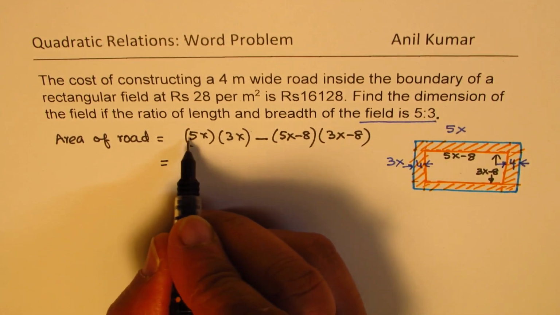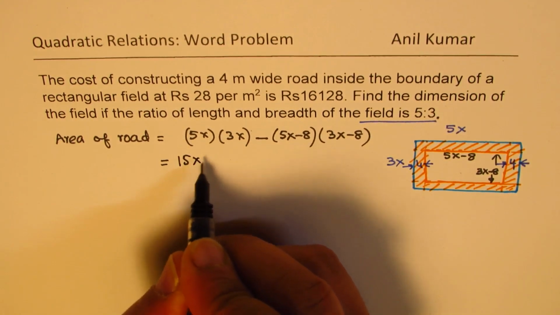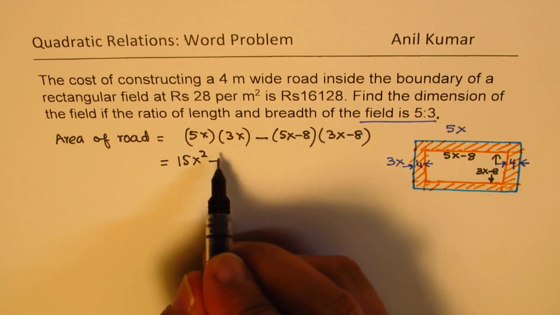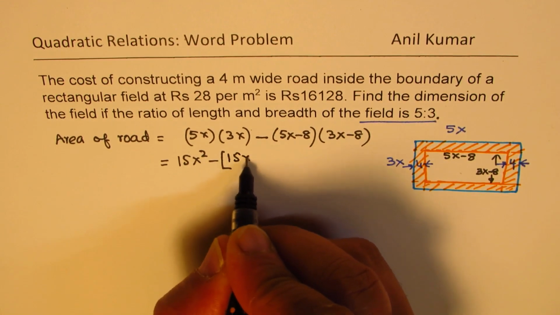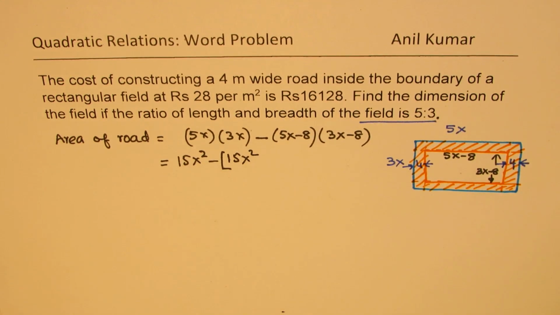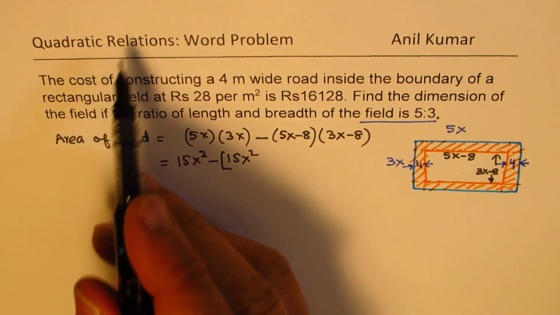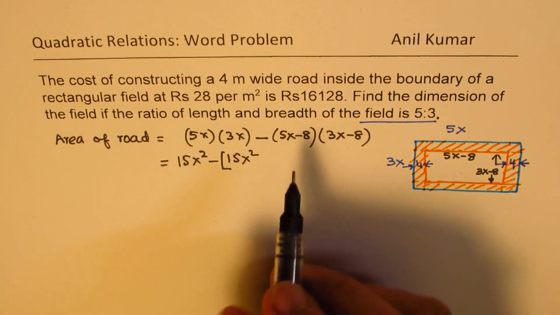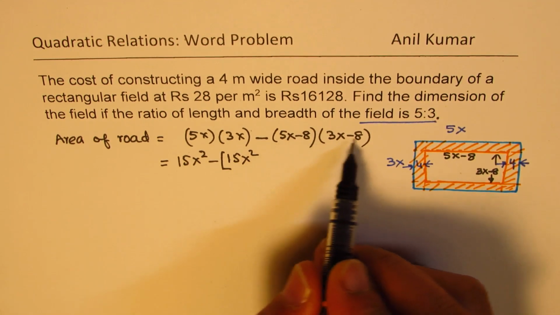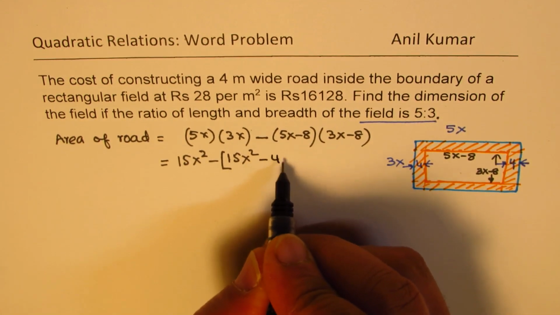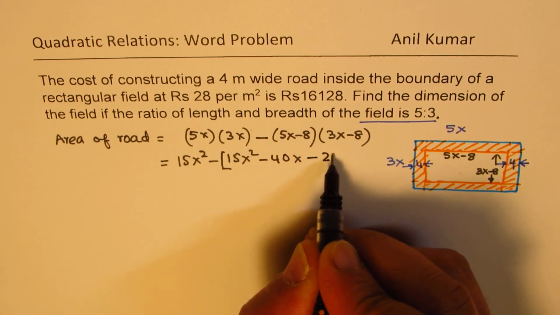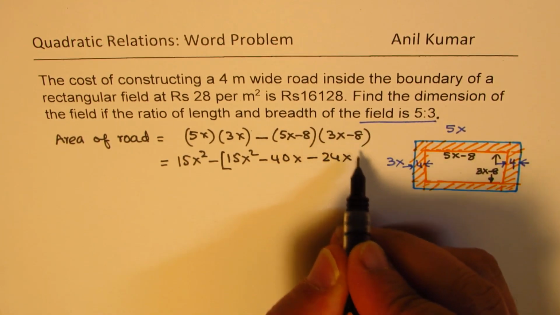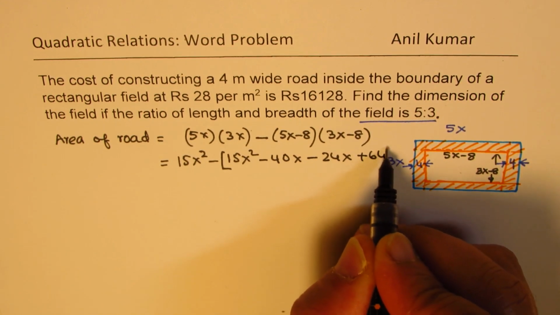So that gives you 5 times 3 as 15x square minus, let's put this in bracket, 5 times 3 is 15x square. So if x square cancels, we don't really get a quadratic relation. It's a simpler linear relation. And 5x times minus 8 is minus 40x. 8 times 3 is 24, and then 8 times 8 is 64, right?